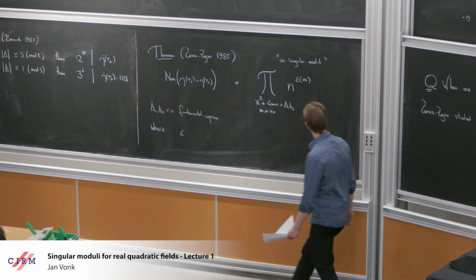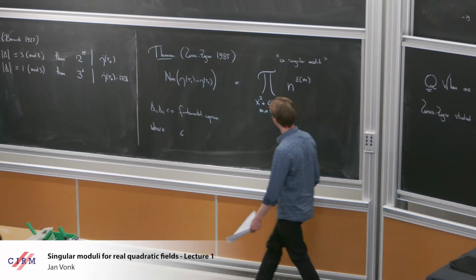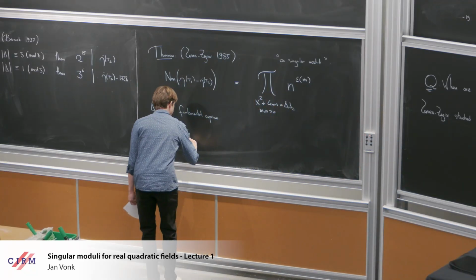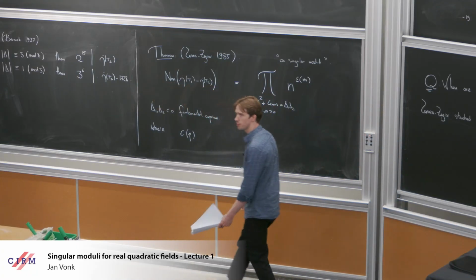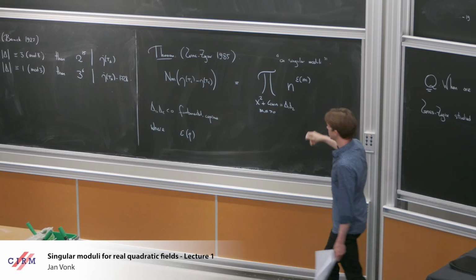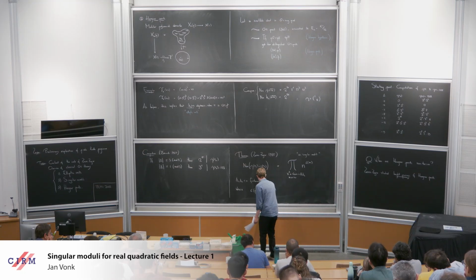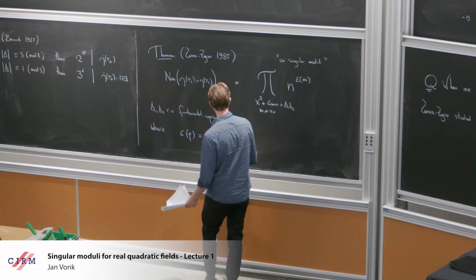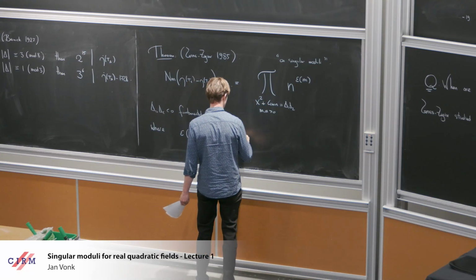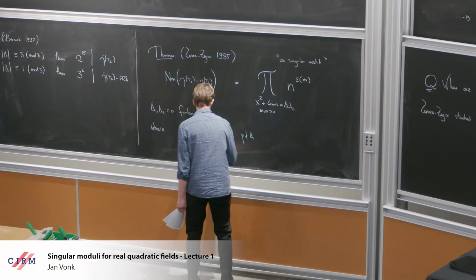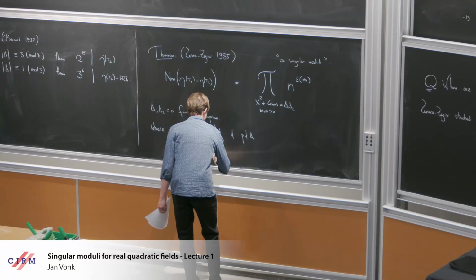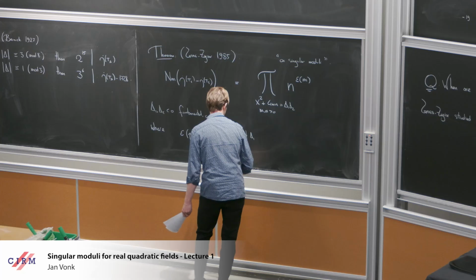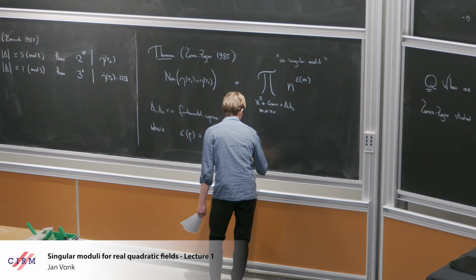it's a certain character, if you will. I'll define it for you on prime values. And then I extend multiplicatively to all composite values, and that's what epsilon of m is. It's defined to be this Kronecker symbol, delta 1 over p, if p does not divide delta 1, and the other one, delta 2 over p, if p does not divide delta 2.